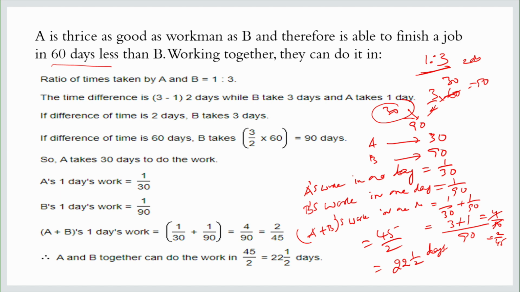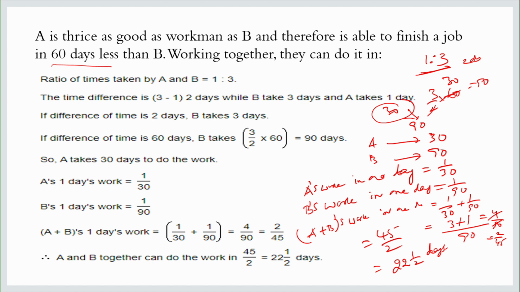A is thrice as good a workman as B. So, we can say 1:3, correct? The difference between these two: if A completes the work in 1 day, B completes the work in 3 days. So, the difference is 2 days, correct or not? Okay.